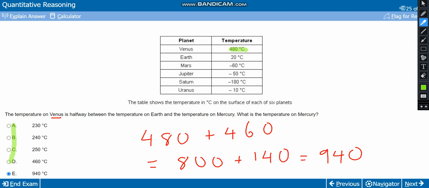We know that the temperature on Mercury must be greater than 480 because we're told that Venus is the halfway point, and if Earth is on the lower side, only 20 degrees, that means that the temperature on Mercury must be on the higher side of this halfway point. So therefore we could have quickly ruled out 230, 240, 250, and 460, saved a lot of time and didn't even have to do a calculation.